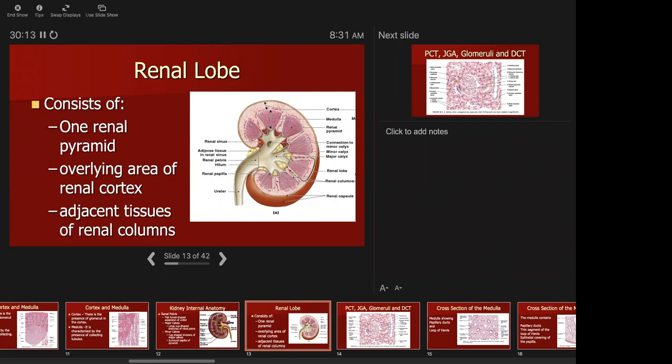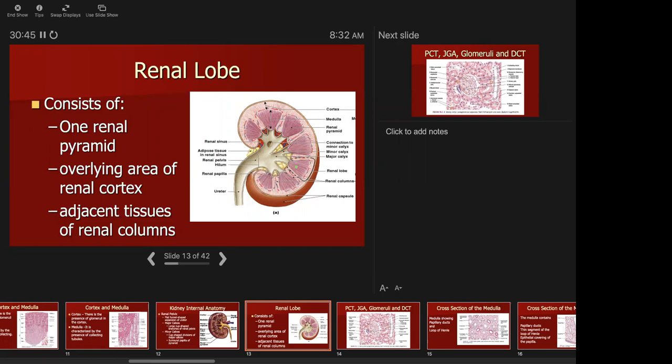You take half of this tissue also between this pyramid and this one, and add to this because it belongs to this one here. And then you go to its base and take all the cortical tissue at the base of this pyramid. If you add all this cortical tissue around this pyramid, this area now is the renal lobe. Okay, it's one renal lobe.